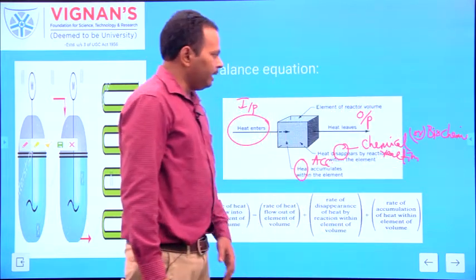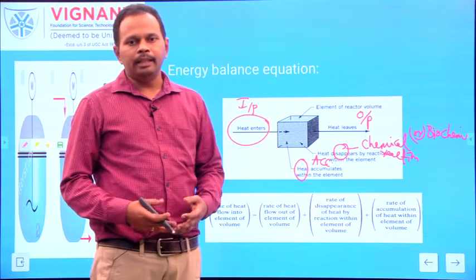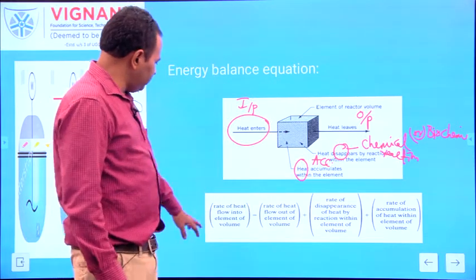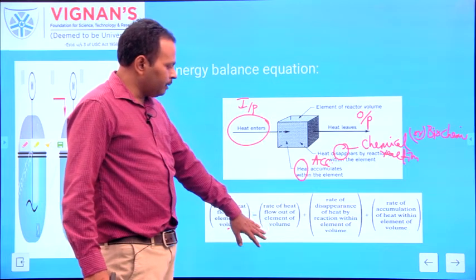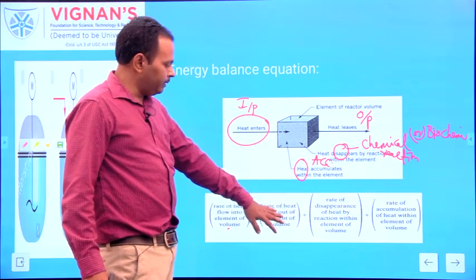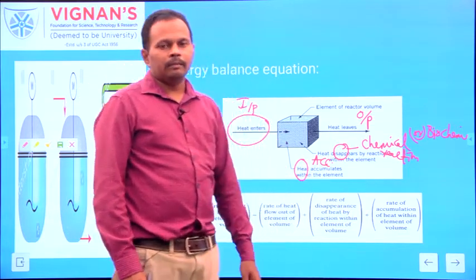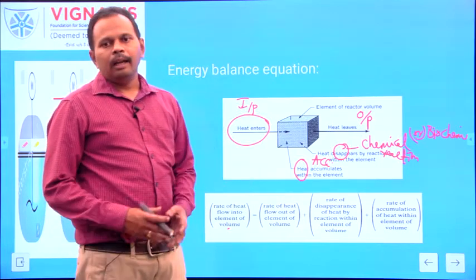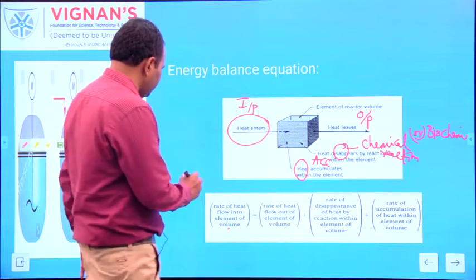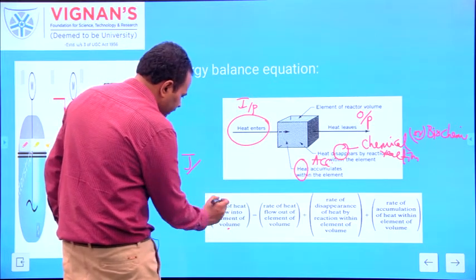So here, in the earlier mass balance equation, when you simply replace mass with heat, that becomes the heat balance equation. Again, the rate of heat flow into the element of volume is equal to the rate of heat flow out of the element of volume, plus the rate of disappearance of heat within the element of volume, plus the rate of accumulation of heat within the element of volume. All the terms in the heat balance equation have units of joule per time, that is, the rate means always per unit time.